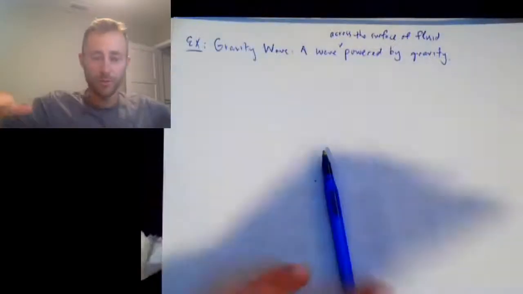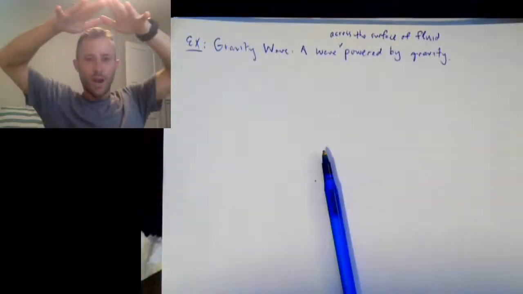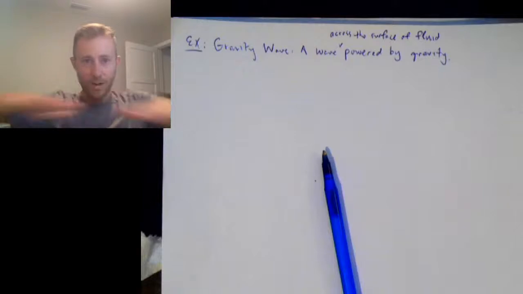Okay, so in other words, if you have a hump of fluid, gravity pushes that hump down to try and make the ocean flat, and that makes the wave travel.